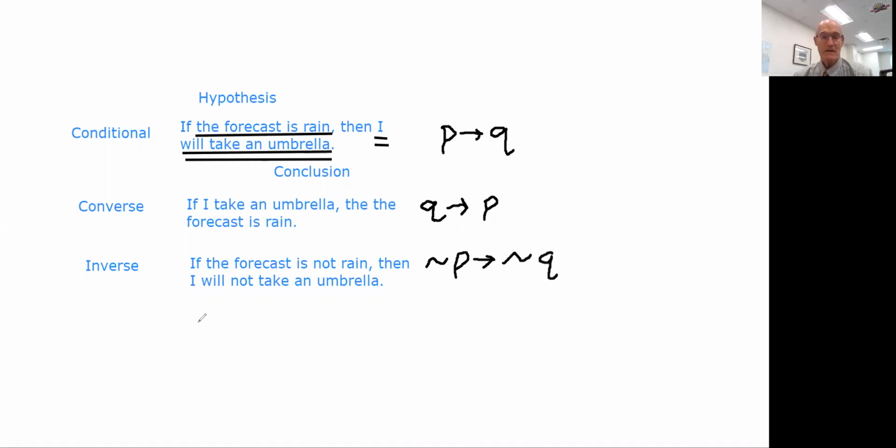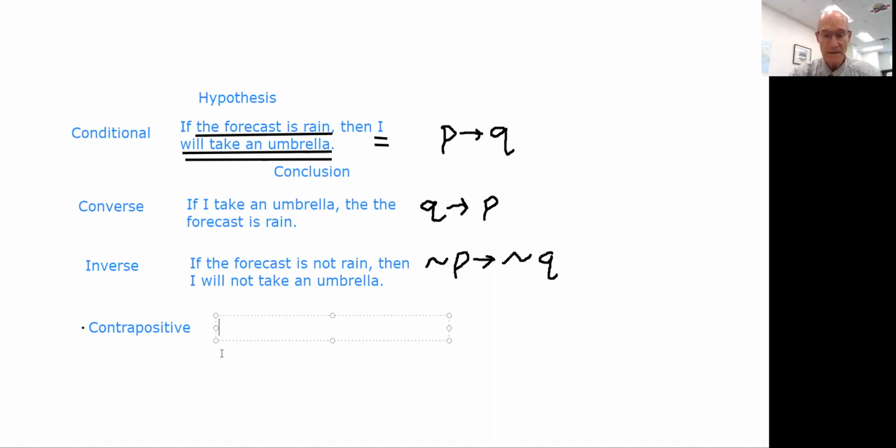And then the final one we would get is something called the contrapositive. It's a big word. The contrapositive negates and reverses the order.